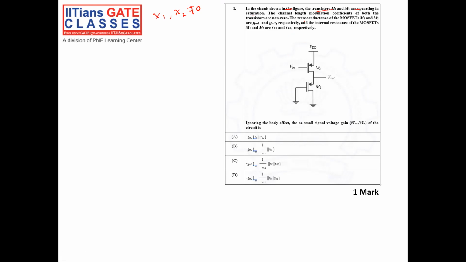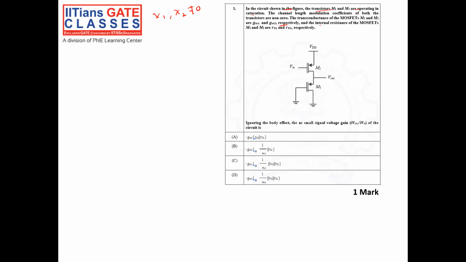And the transconductance of the MOSFETs. What is transconductance? It is nothing but the change in output current with respect to the change in the input voltage of the MOSFET. They are GM1 and GM2 respectively.